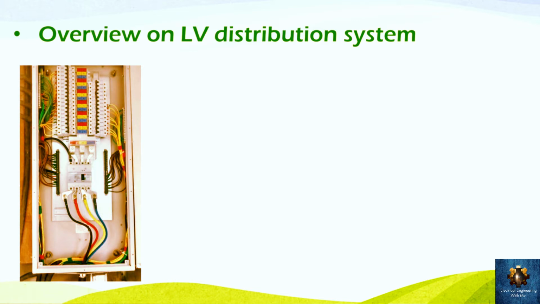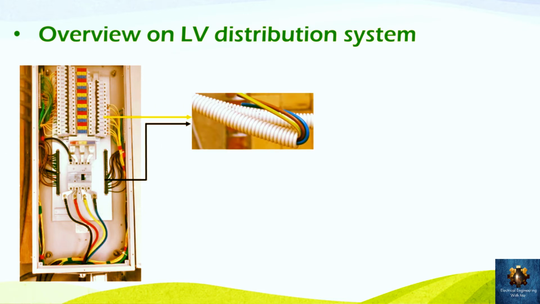Alright, now we can focus on this sub-main DP to know how it distributes the electrical power to the loads. Here we say that if this is the sub-main distribution panel, we can go out of it with one line, which consists of a wire coming out of the circuit breaker, and also we have the neutral wire coming to it. And those two wires are passing through the conduit like that one.